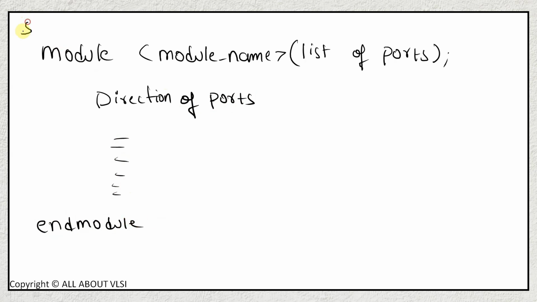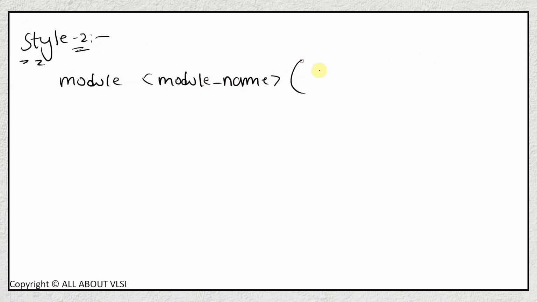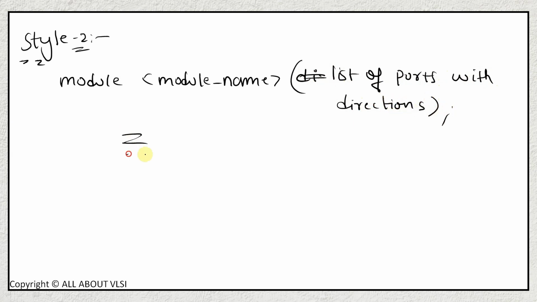So this is style one of declaring your module and your list of ports. Coming to style two, we are going to write our module followed by module name, followed by list of ports with directions, and followed by our code and followed by end module.